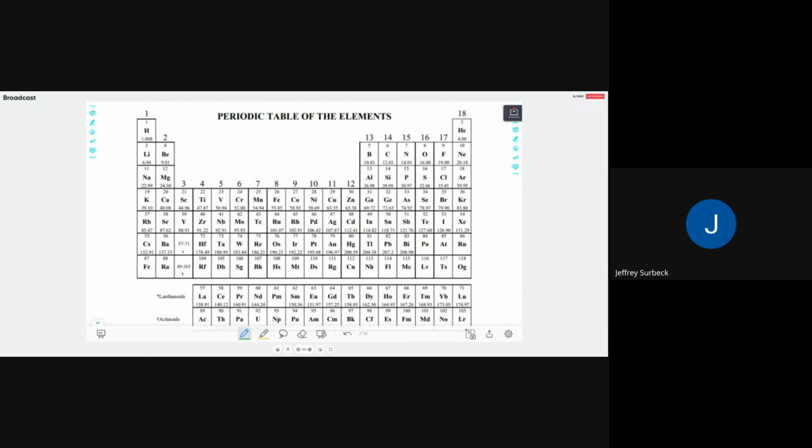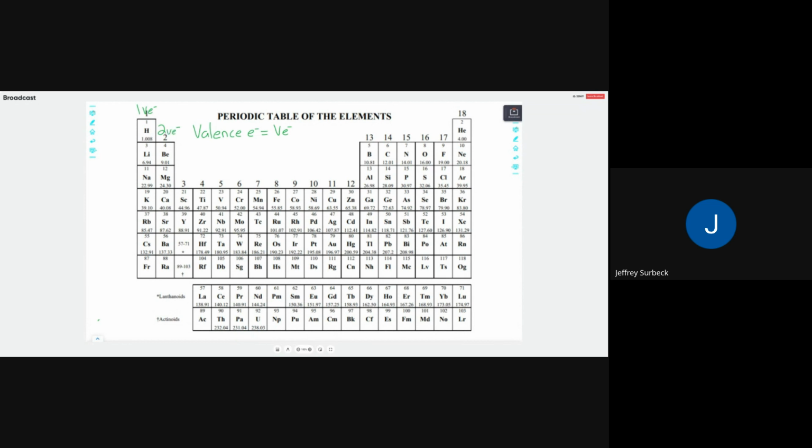If we look at our valence electrons, first off here, I'm just going to show you, I abbreviate valence electrons as VE. Well, group number 1 has 1 valence electron. Group number 2 has 2 valence electrons.